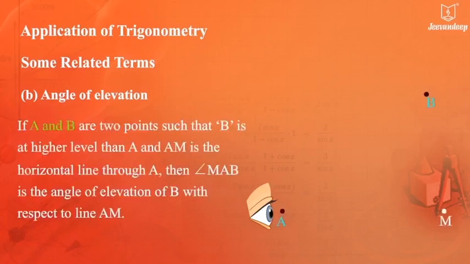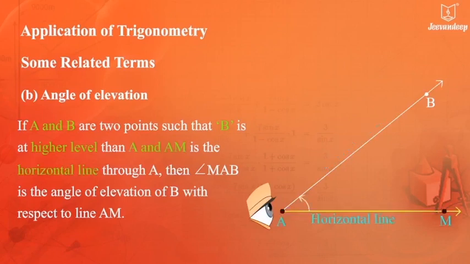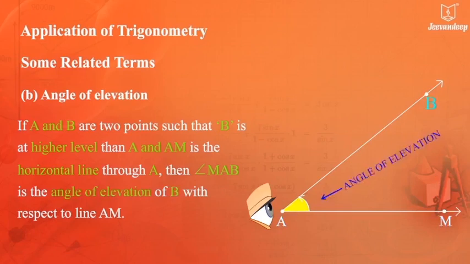If A and B are 2 points such that B is at a higher level than A and AM is the horizontal line through A, then angle MAB is the angle of elevation of B with respect to line AM.